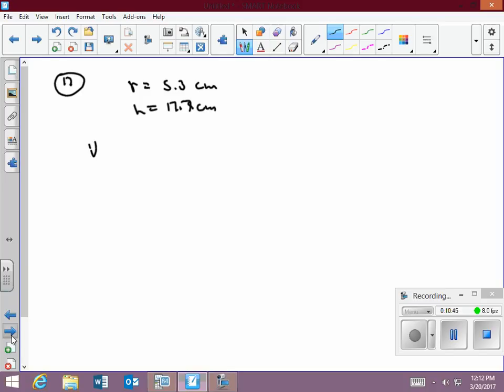Well, the volume is the area of the base times the height, and the area of the base is pi r squared, right? Times height, pi, and then it's 5.3 squared, 17.7.